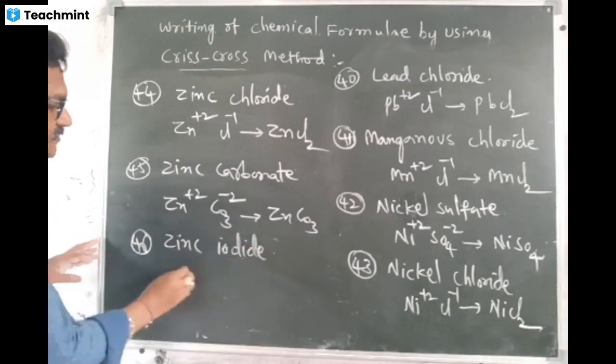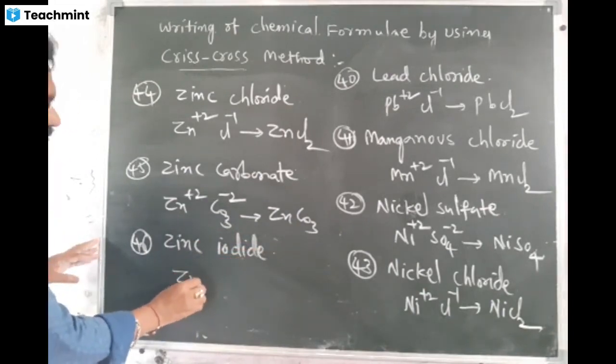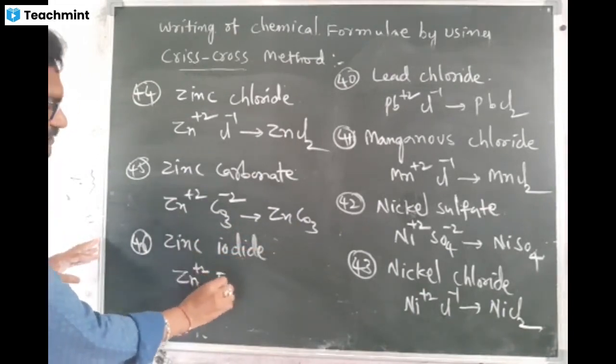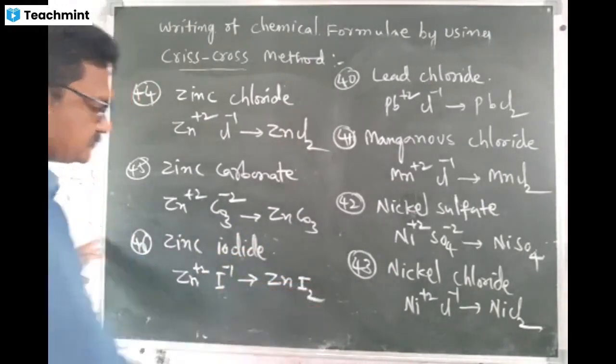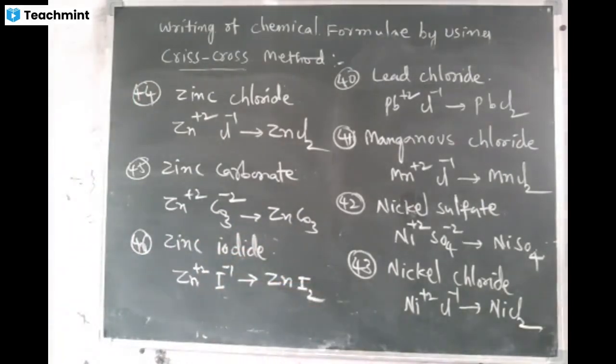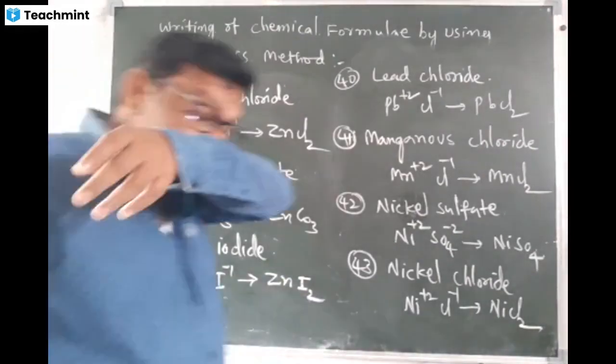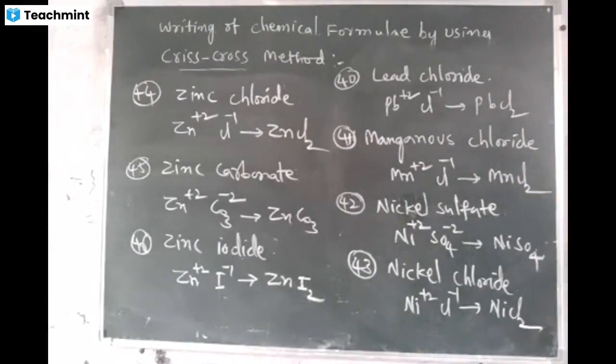Zinc iodide means Zn plus 2, I minus 1. Then the formula is ZnI2. Zinc iodide. Completed this one?